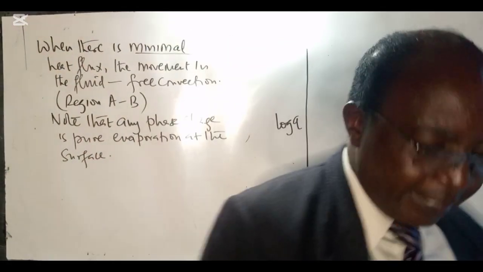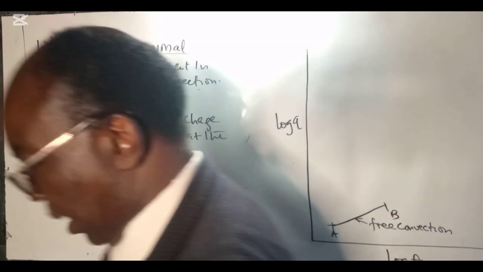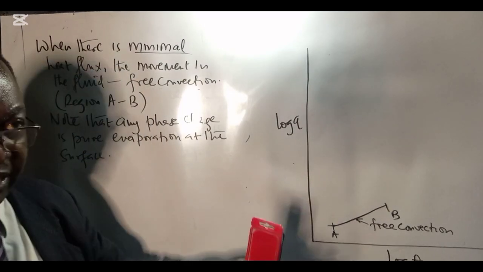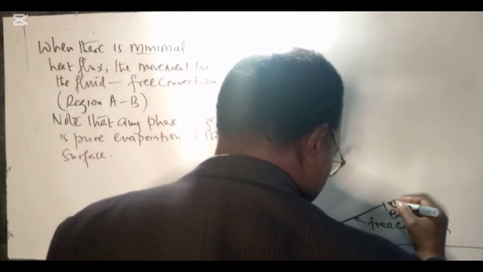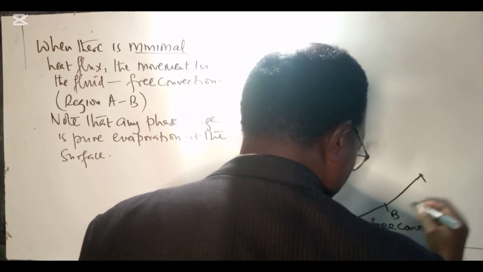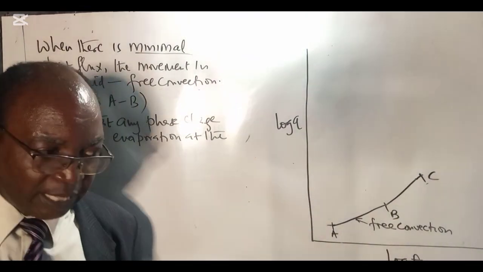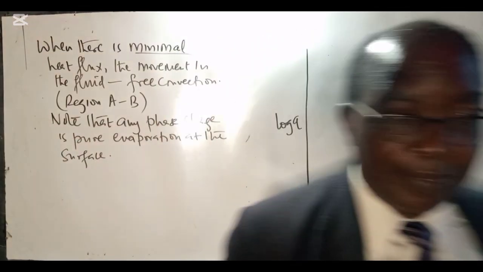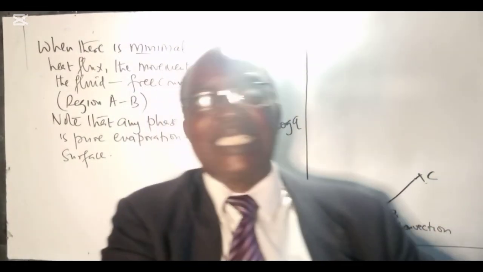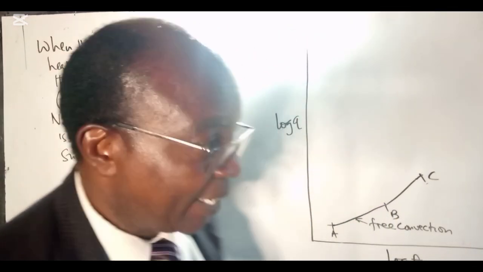And so when we now increase the heat flux, we heat the system up, we're expecting the temperatures to go up. Let's say from section B to C. What will happen is that overall, the bulk of the fluid will not be at the saturation temperature, because you have just increased a little the heat which you are supplying to the system.